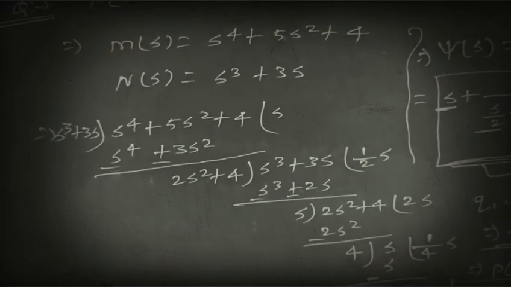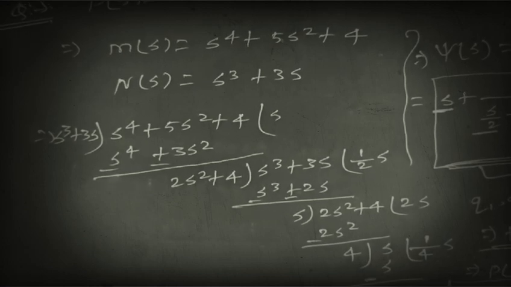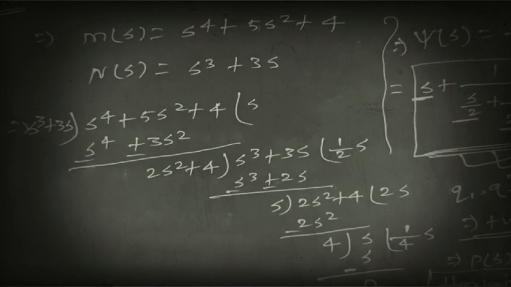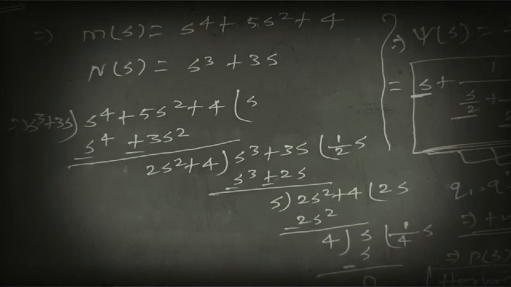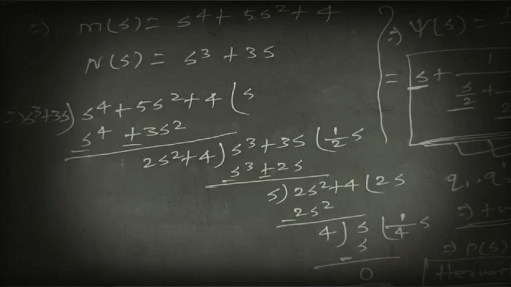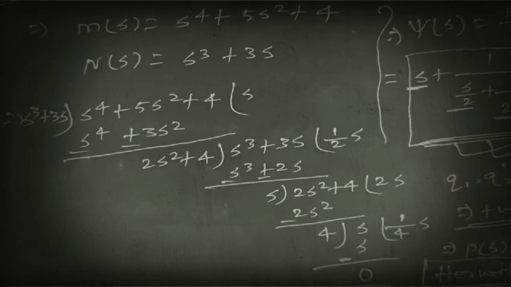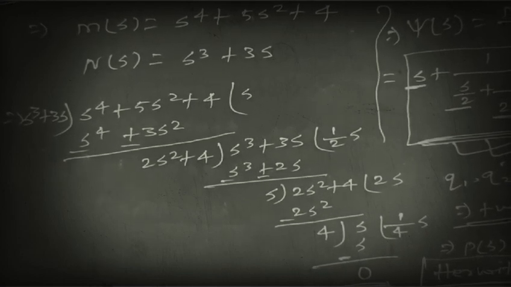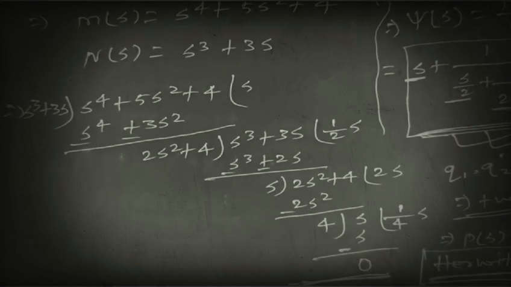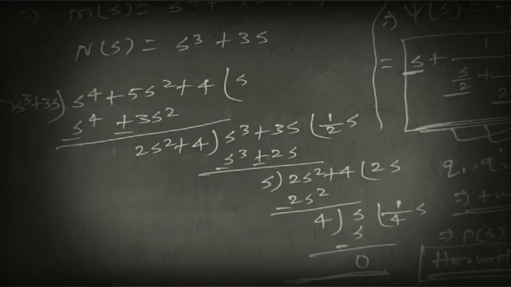Now s will be the divisor and 2s square plus 4 will be the dividend. So the next quotient is 2s, and we get the remainder equal to 4. Now this 4 is the divisor and s is the dividend. So the last quotient is 1 by 4s, and now the remainder is 0.